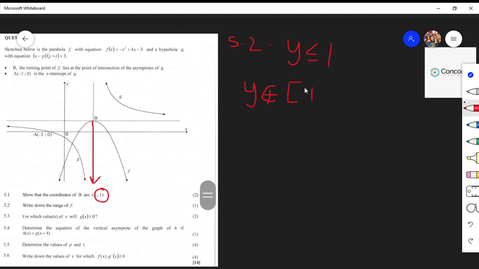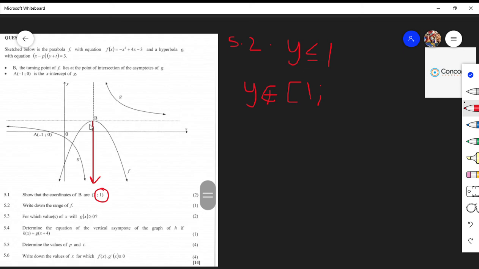This can also be written as y an element of positive 1. So we use square brackets since we're including our 1 value. If we were not including our 1 value, we would use round brackets. So for example, if it was y less than 1, we would have a round bracket by 1. So now since we're including 1, we have square brackets.